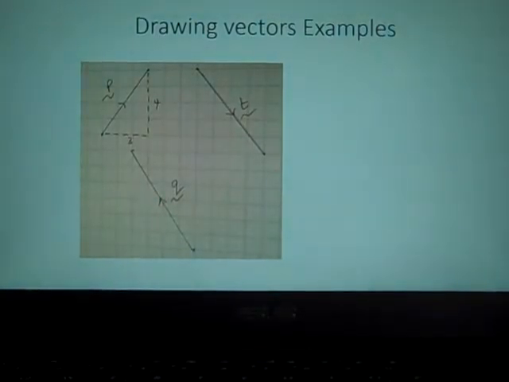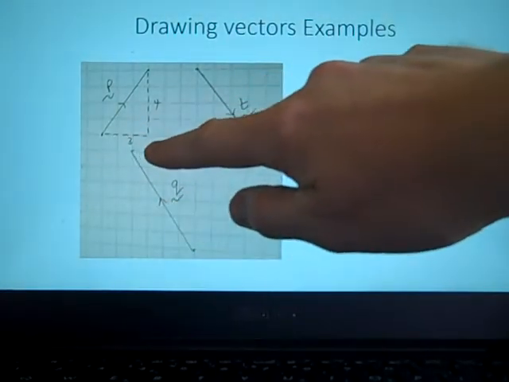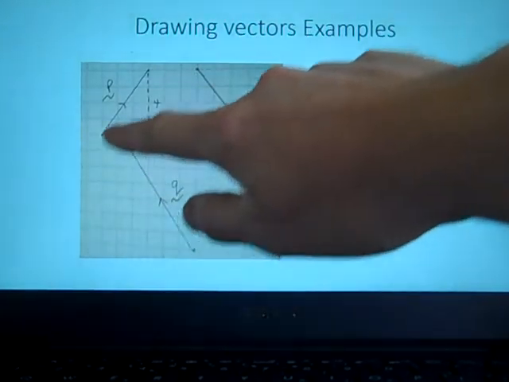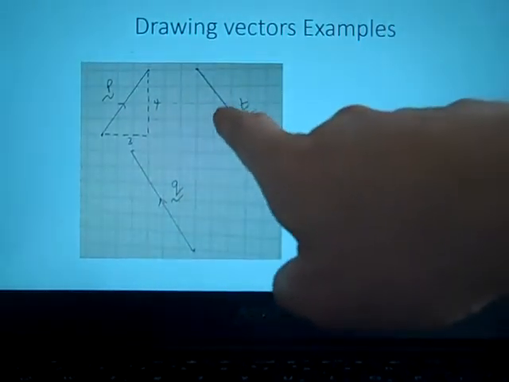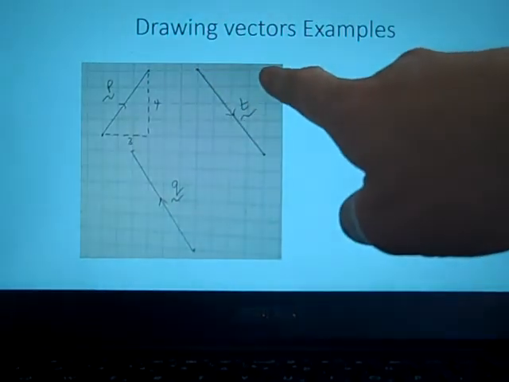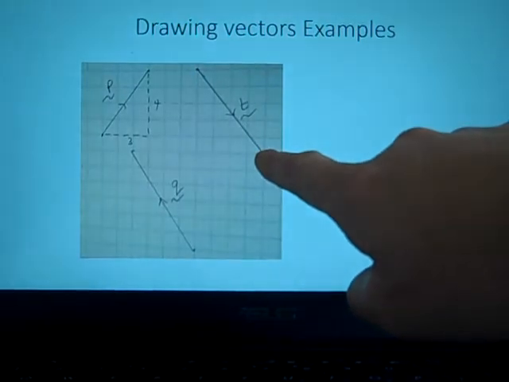So, drawing some vectors, here are some examples that I've done for you, have a little look. The first one is vector P, which is 3, 4. Vector T goes along 4 and then down 5, so that's 4, negative 5.